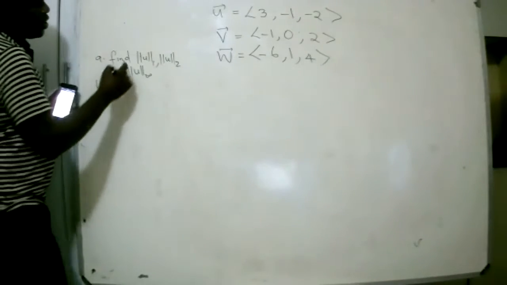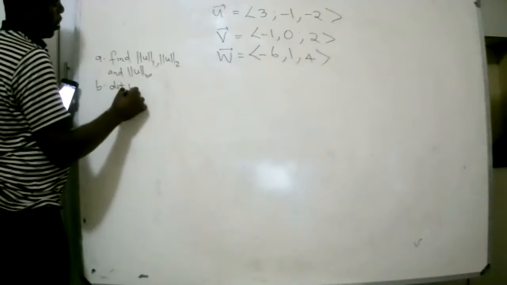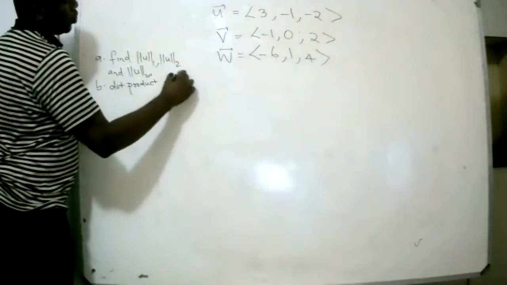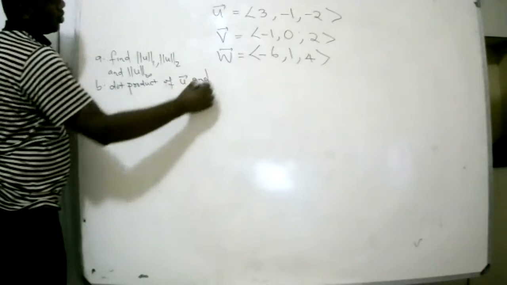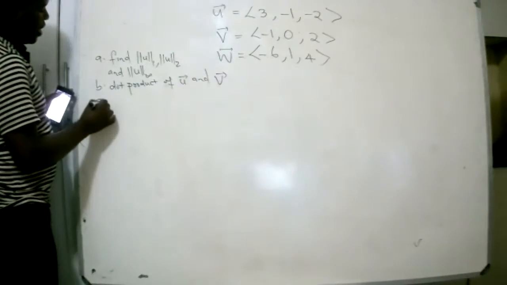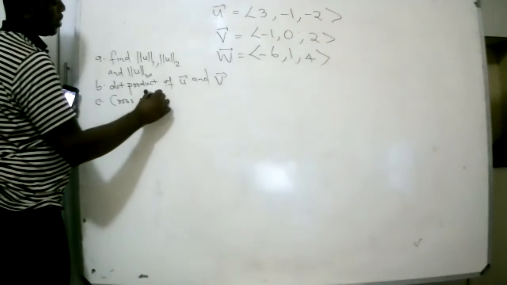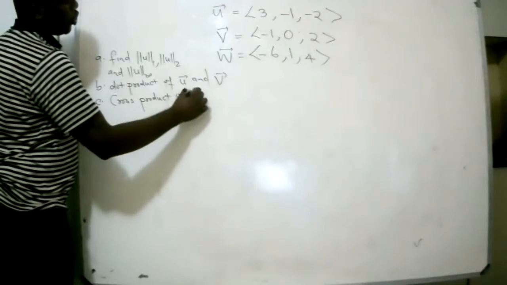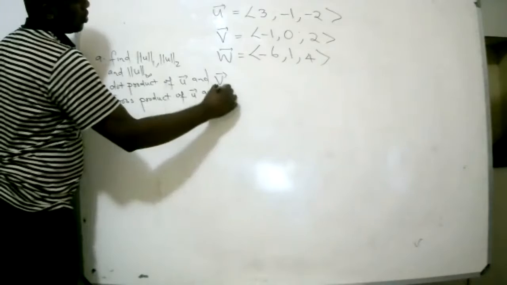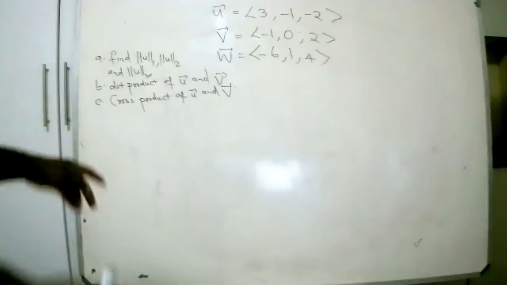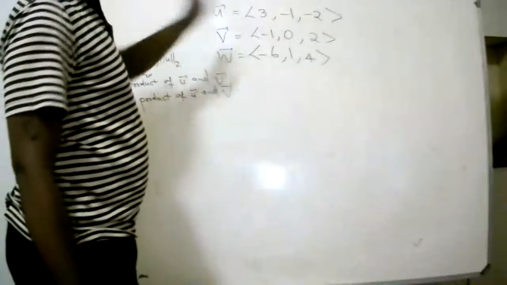The second is to find the dot product of U and V. And the third question is to find the cross product of U and V. So now let's start with the first question, which is about finding the one norm of this.